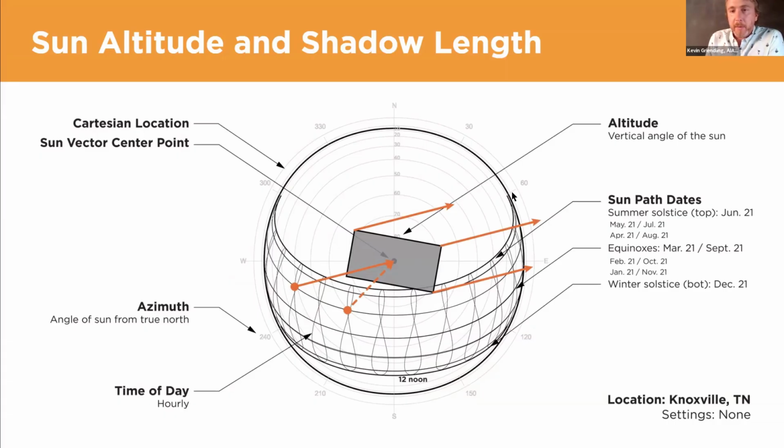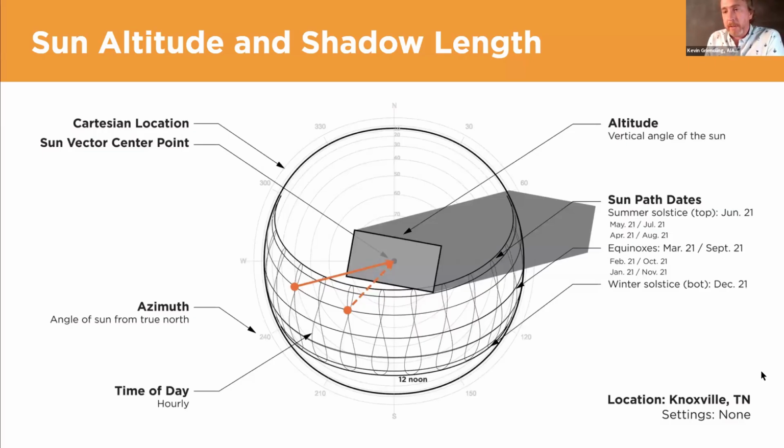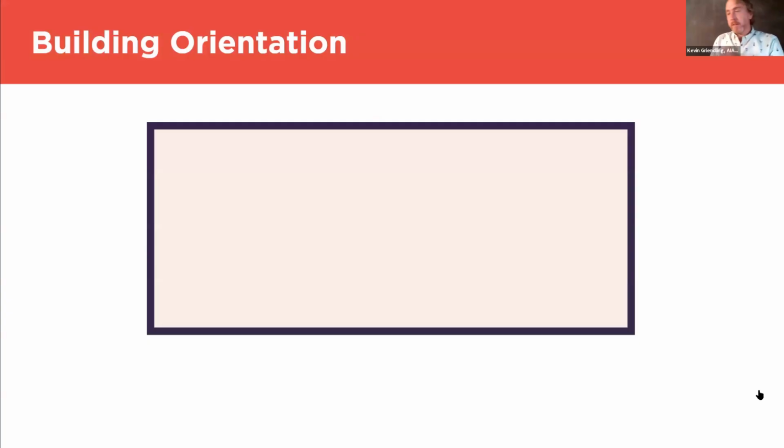By the end of the day, we're going to have essentially 0 degrees. That's when it hits the horizon. And as we consider the change in the shadow and sun angle throughout the day, it's going to have a profound impact on how far that shadow gets cast and how far the sun will enter and leak into the space. Building orientation is really important when it comes to this concept, right?